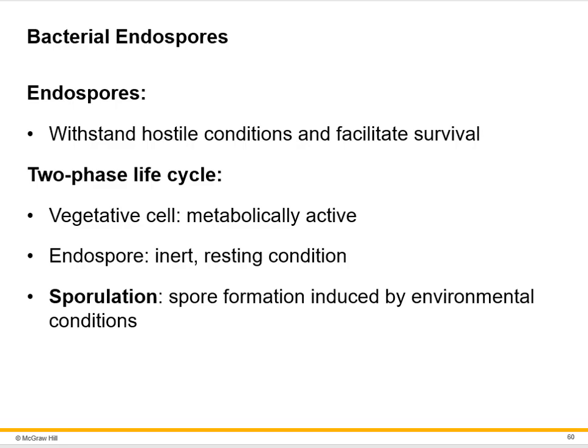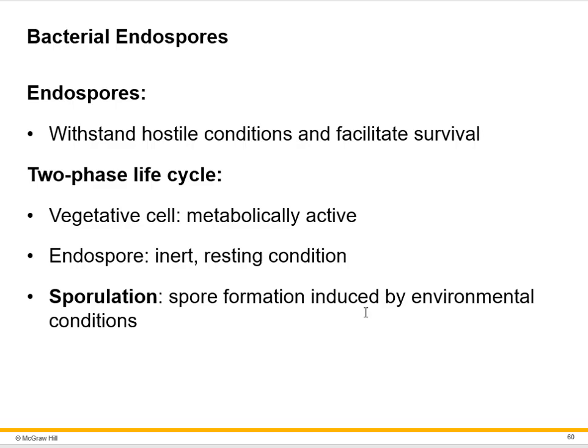You didn't increase in number, so it's not a reproductive thing. It's a survival mechanism. So the vegetative cell is the metabolically active part, and the endospore is the resting condition, the dormant, inert part. And sporulation is that process of making a spore, and it's induced by environmental conditions.